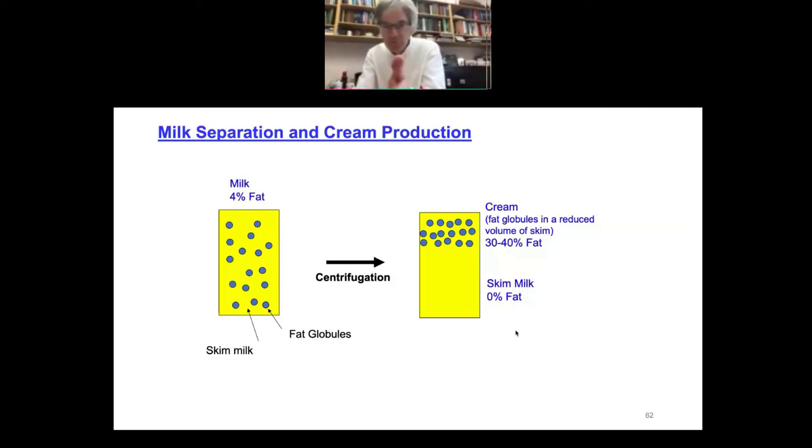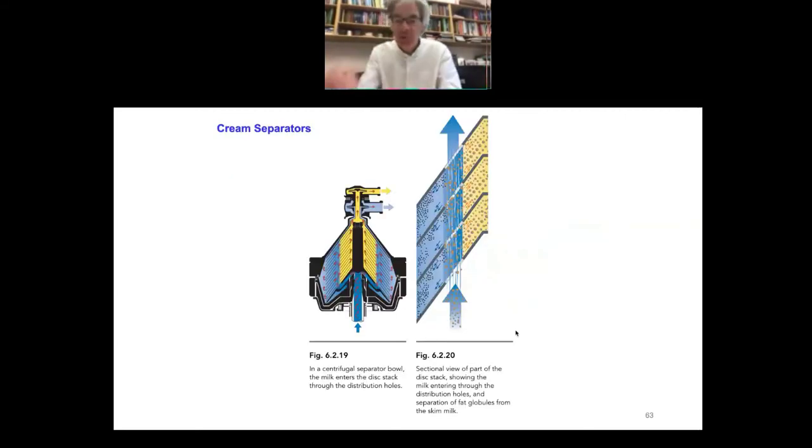So just simple centrifugation will separate cream from skim. The principle is to put that in a centrifugal field where we are exposing it to those centrifugal forces that tend to drive the fat droplets at a much higher rate upwards, and the heavier aqueous phase downwards.